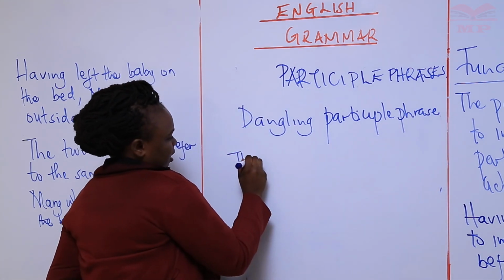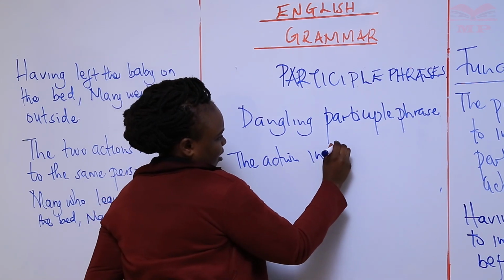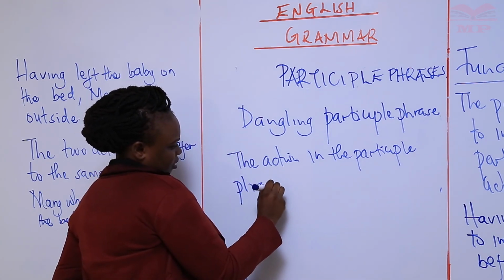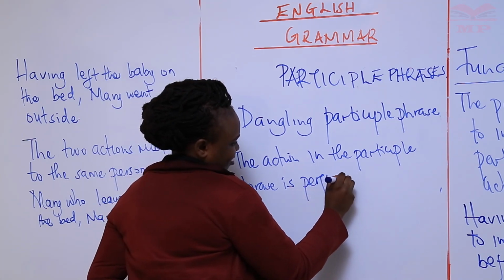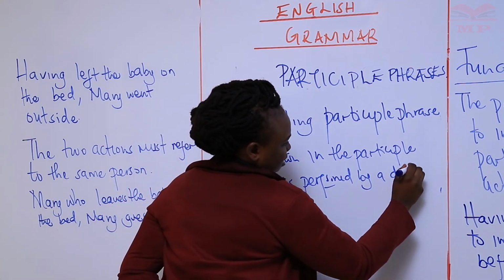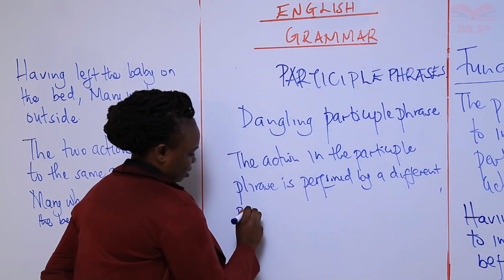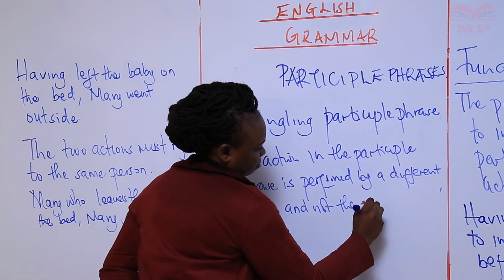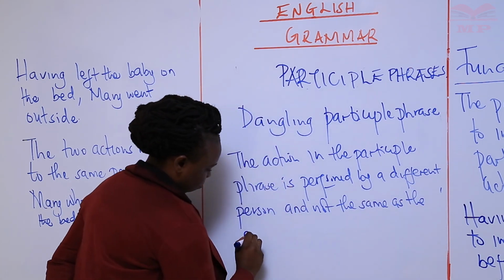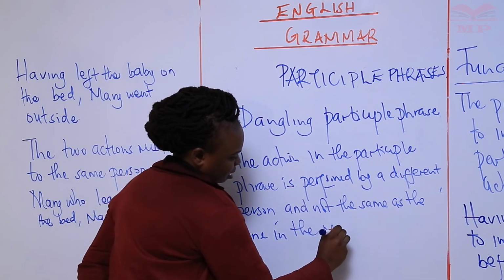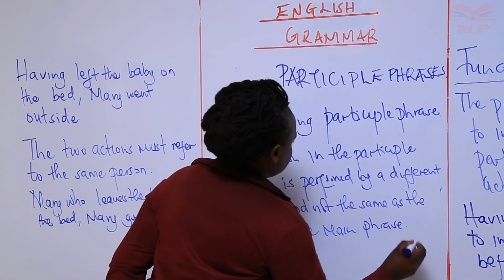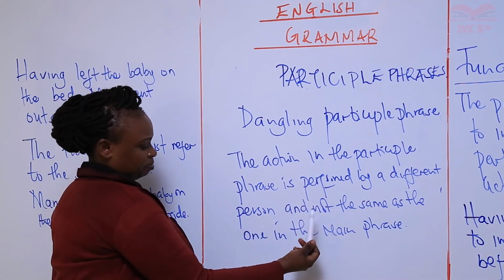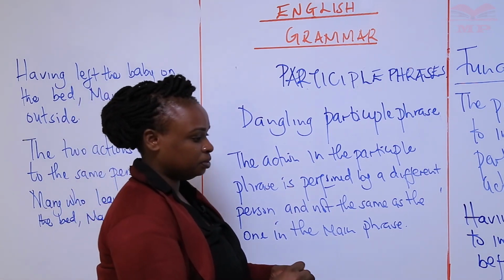Here, the action in the participle phrase is performed by a different person and not the same as the one in the main phrase or sentence. Let me give you an example.